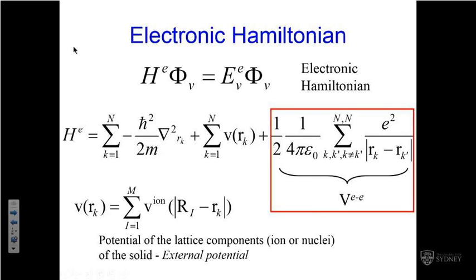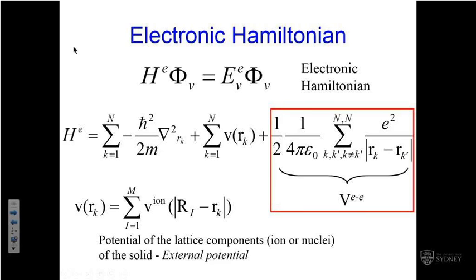So, the Hamiltonian for your system here: we consider just the electrons. You have the kinetic energy term, which you've seen many times before, the h bar squared over 2m operator. And here you have to take into account the potential.